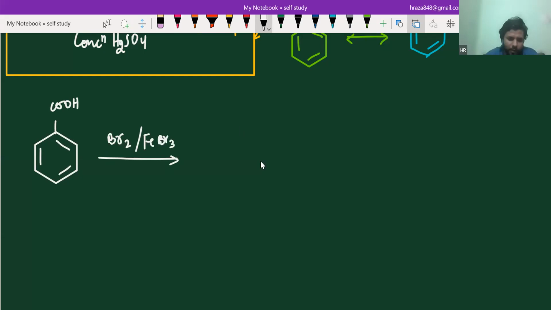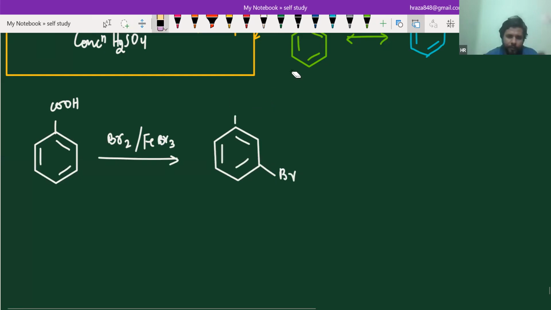So Br will be directly added at meta position here. So we can write its name m-bromobenzoic acid.